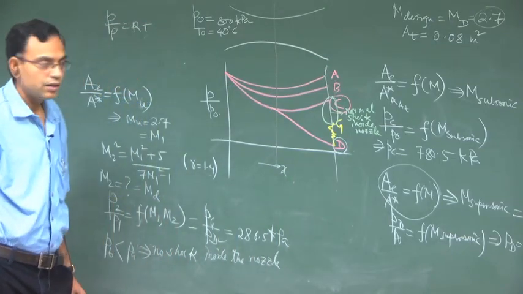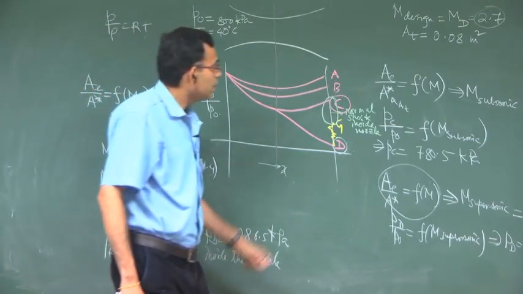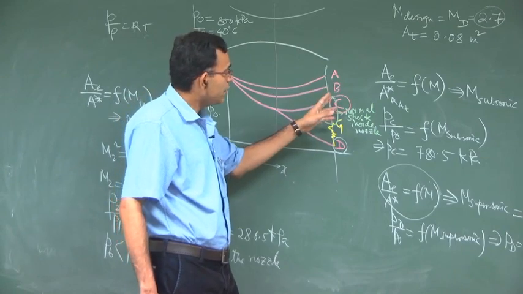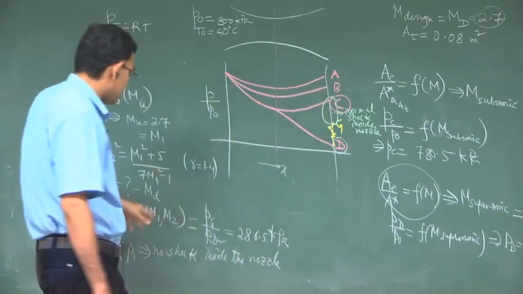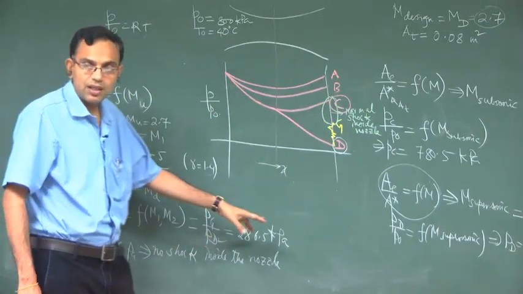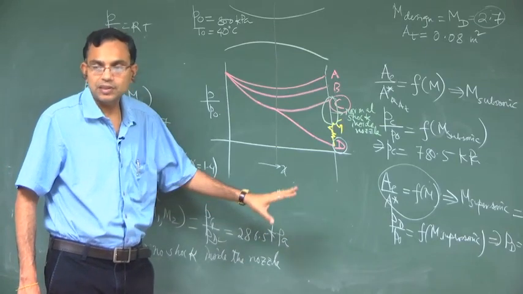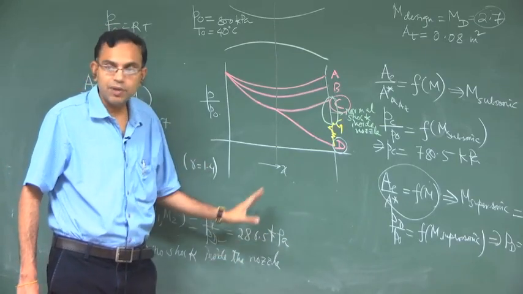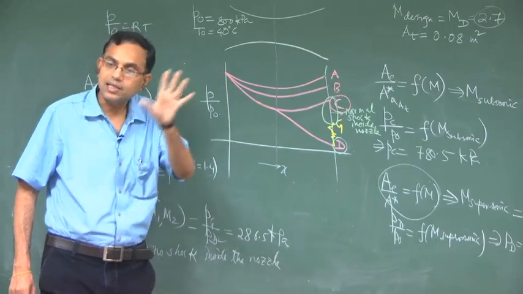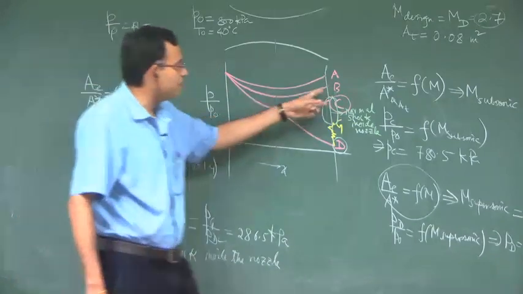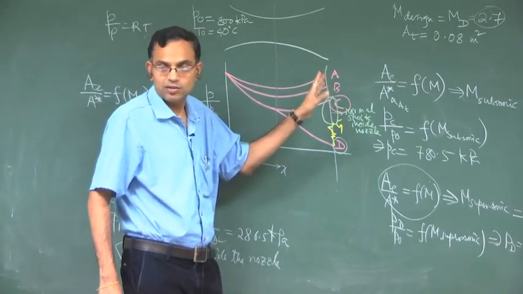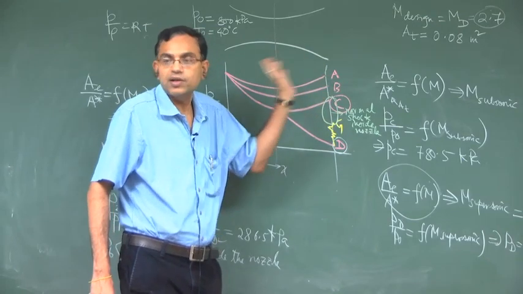Even if it is greater than Pc also there is no shock. No, when the question is asked no shock inside the nozzle, the question setter means that if there is a shock, that is outside the nozzle. These are trivial cases when there is no shock at all, there is no question of inside or outside.